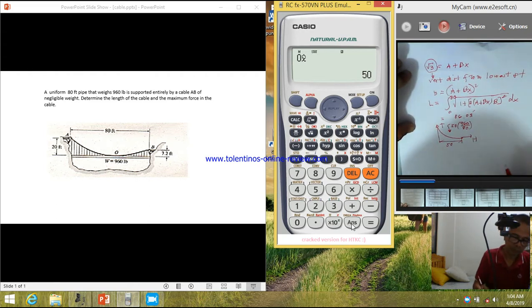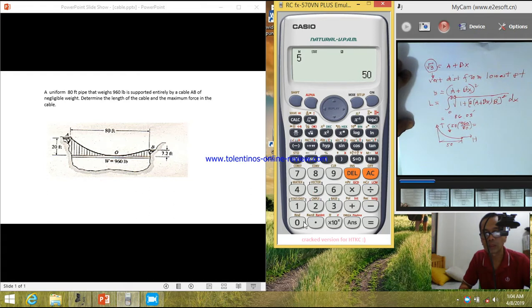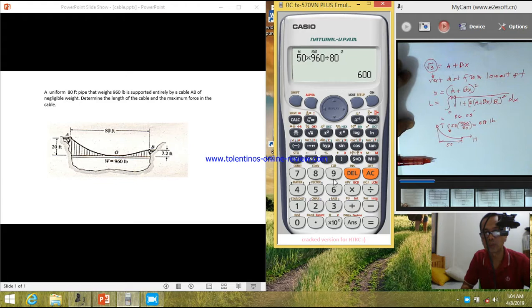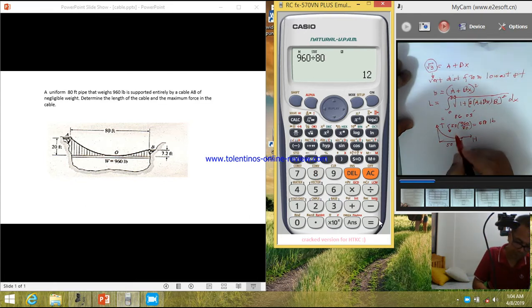So this is 50 times 960 divided by 80, that is 600. This is 600 pounds. Of course, I need that uniform load, which is 960 divided by 80 again, the distributed load, which is 12. So our W is 12 pounds per foot.